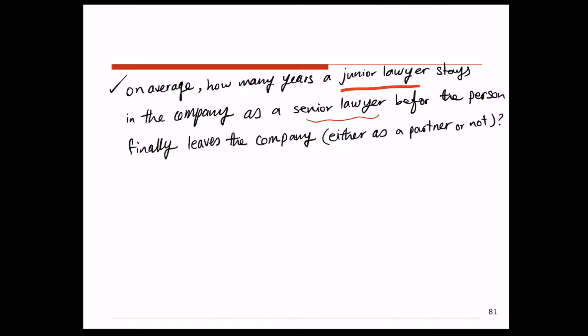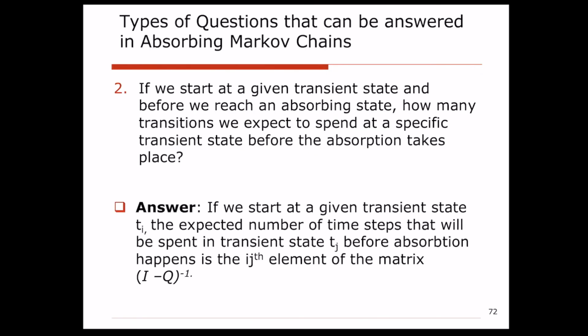If we look at the second type of question that we were interested in answering in Markov chains, and we didn't get the chance to go into detail in the previous example, this question asks: if we start at a given transient state, before we get to one of the absorbing states, how many transitions or how many time steps do we expect to spend at another transient state.